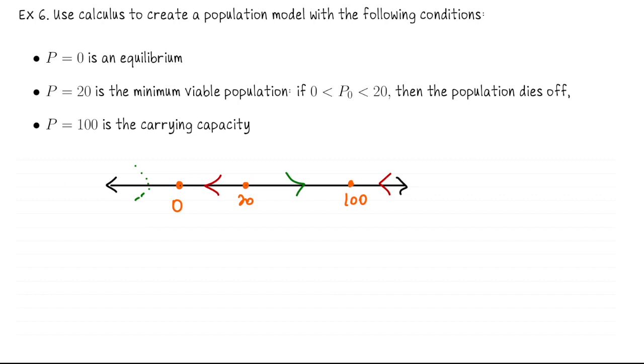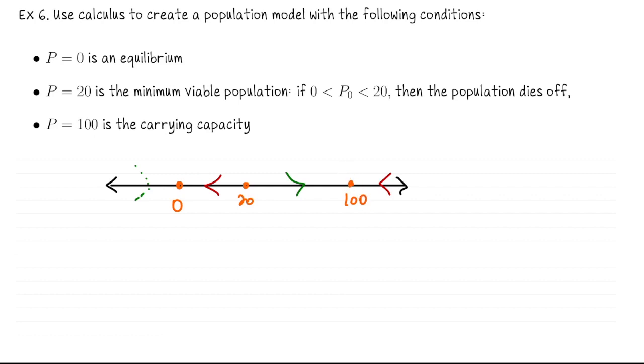So what we want is a right-hand side of our differential equation with these 3 equilibria. If I were to sketch that function, I would know that its derivative at 0 should be negative because that's going to be a sink, its derivative at 20 should be positive because that's a source, and its derivative at 100 should be negative because that's another sink.